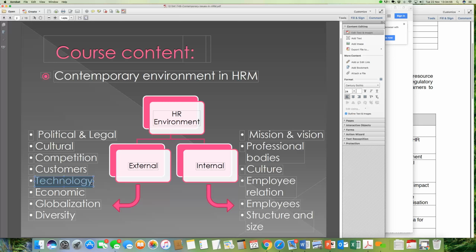Okay. Now, some of these issues which crop up, classified as contemporary issues, could be internal. When you look at these internal issues, culture, for example, can be both internal and external, right? Sometimes these employers try to maintain a balance in terms of diversity or the culture that they have in the office.